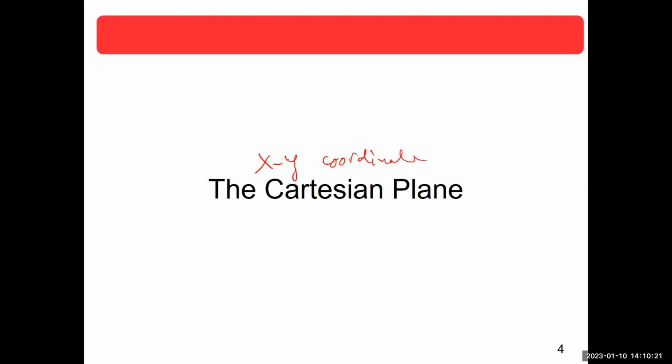So they all have the same meaning. If you hear rectangular coordinate or Cartesian plane, or XY coordinate, XY plane, they all mean the same thing. So basically we have an axis. We have an x-axis and y-axis.